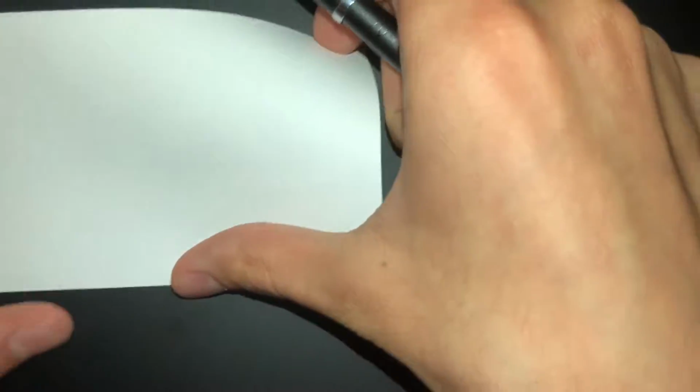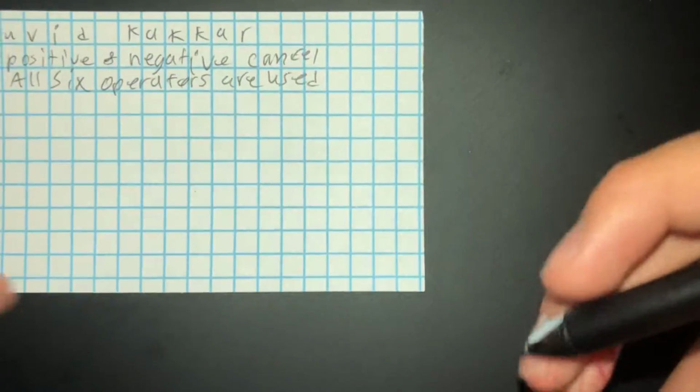That'll be plus, minus, multiply, divide, and then plus and minus exponentiation. So that's 6. And you got a really interesting cube.